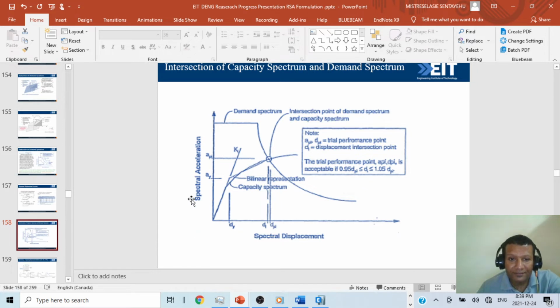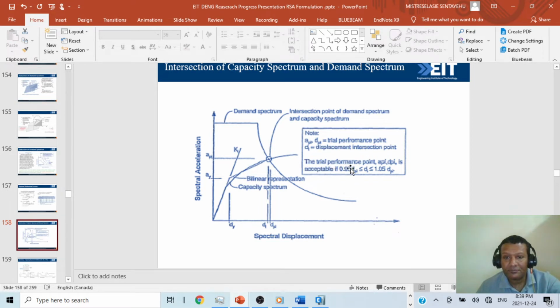Once we make the bilinear representation, this point is API. Again, the first point is AY. Then we have DY here, and here we have DPI. So we use this guess, okay? API and DPI are the trial performance point, and DI is the displacement intersection point.